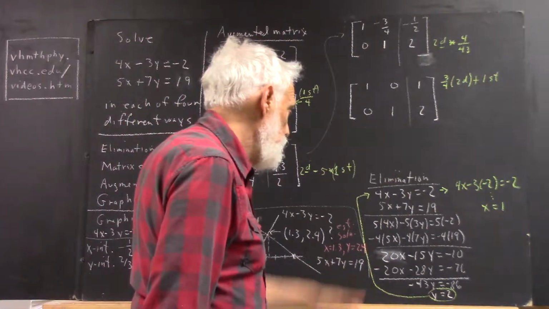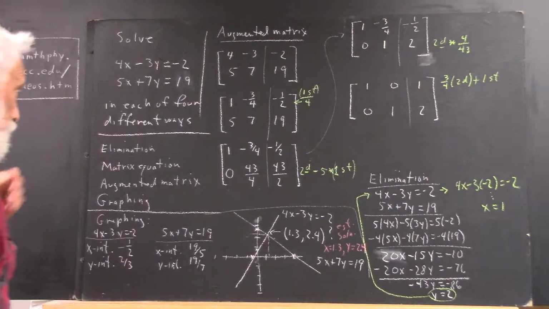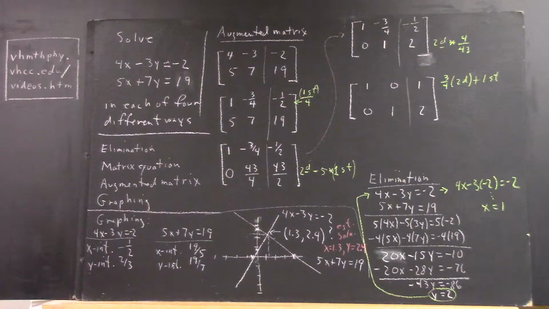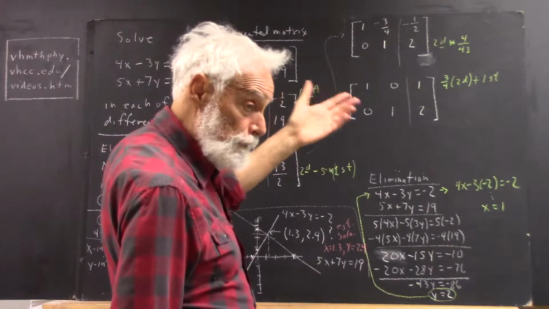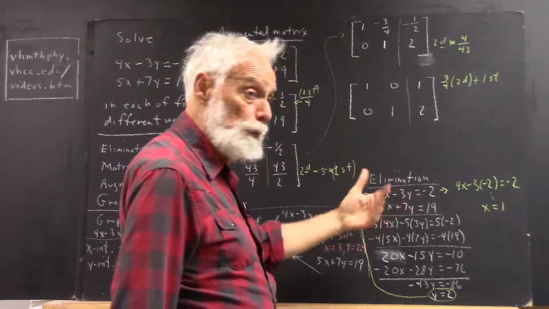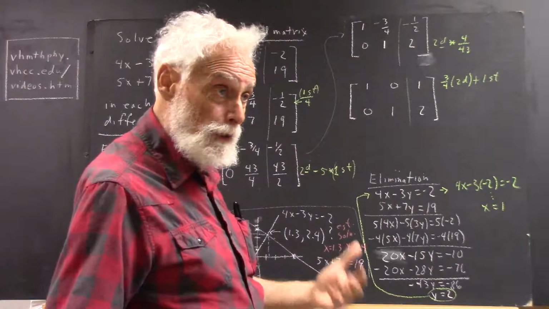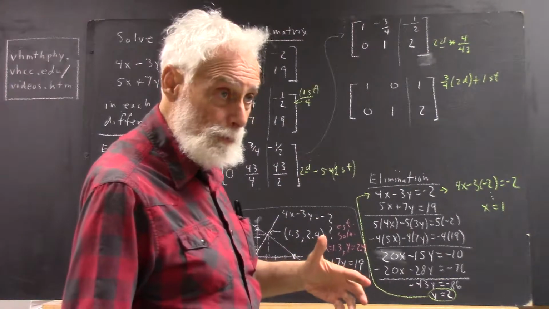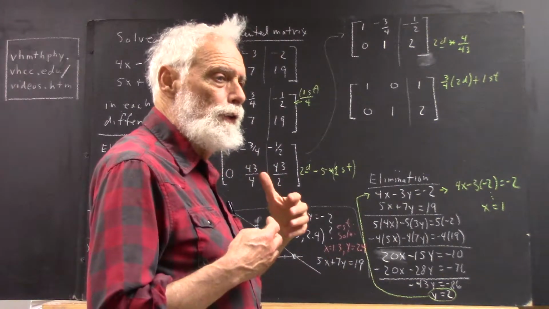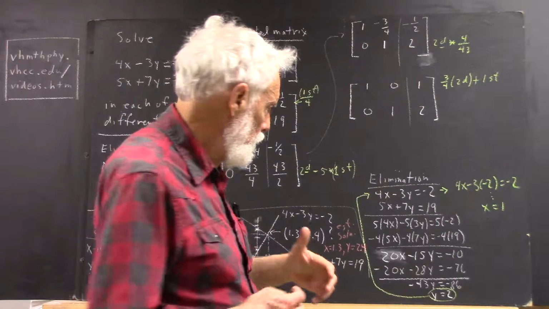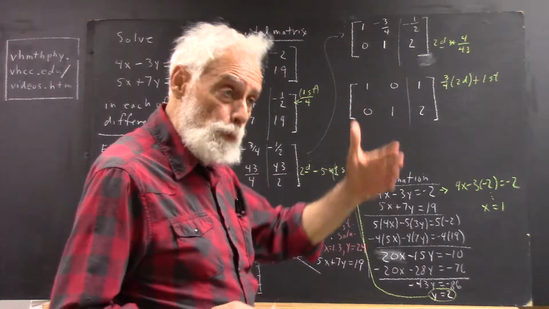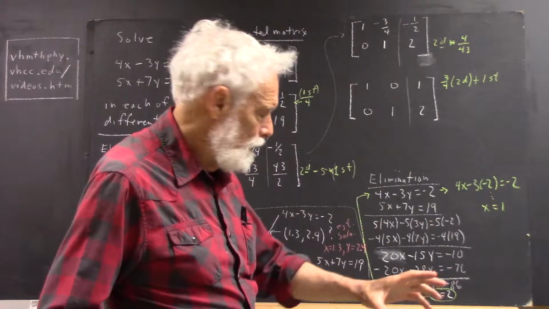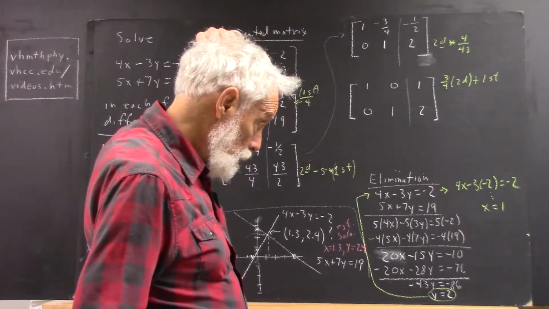Okay, well, anyhow, elimination. Now, to do elimination, we try to match up coefficients of either x or y so that we can eliminate them. The best way to do that, the way I recommend at least, is to make the coefficients equal and opposite so that we can add the equations and make that particular variable go away.